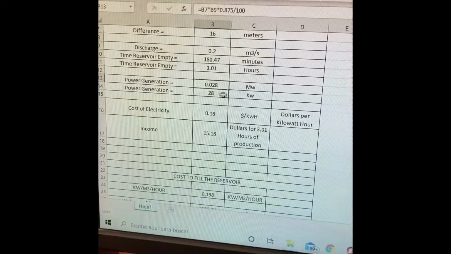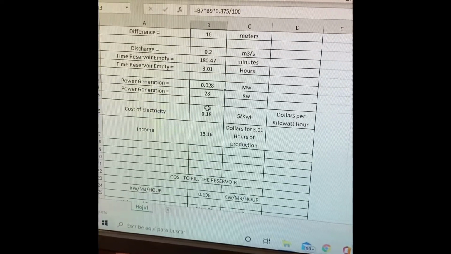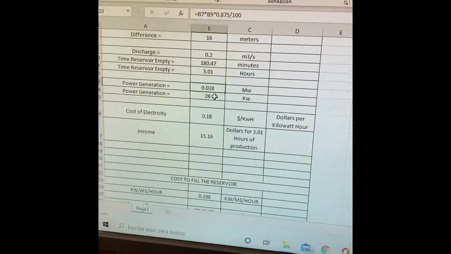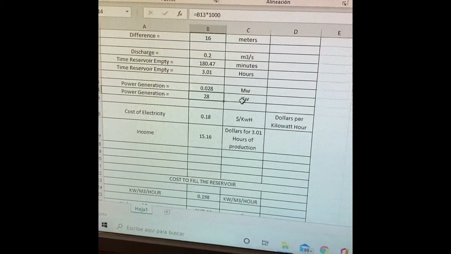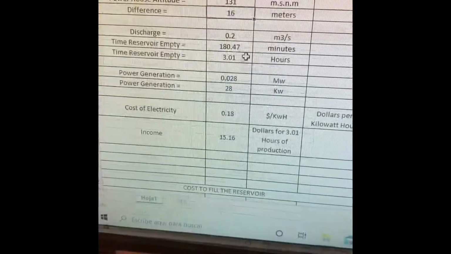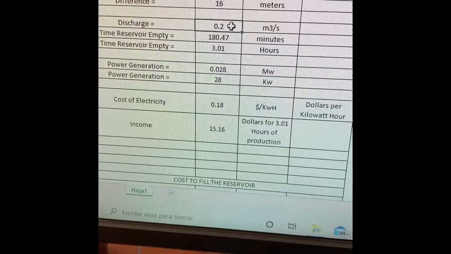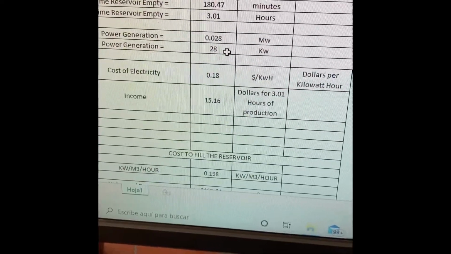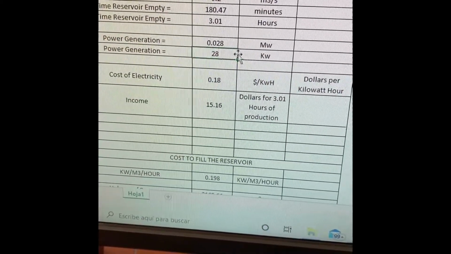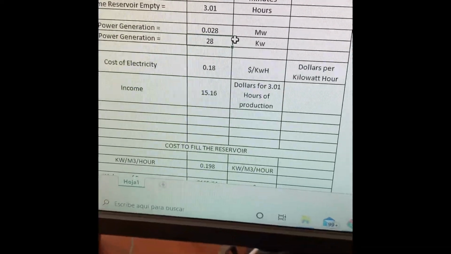What I have here is the power generation that we will be generating, which is around 28 kilowatts with this discharge and this height difference, or 0.028 megawatts.